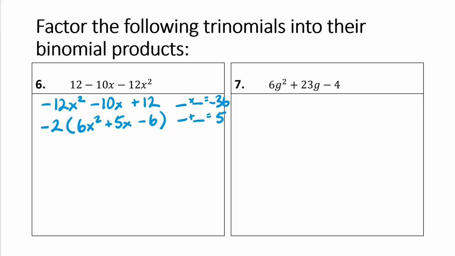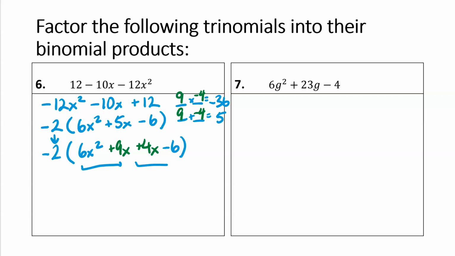Two numbers that will work would be positive 9 and a negative 4. Okay, so we still have our negative 2 from the outside there, and we're rewriting the term in the brackets: 6x squared plus 9x plus 4x minus 6.